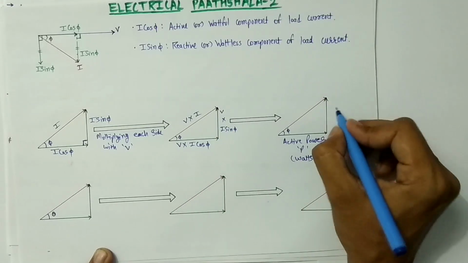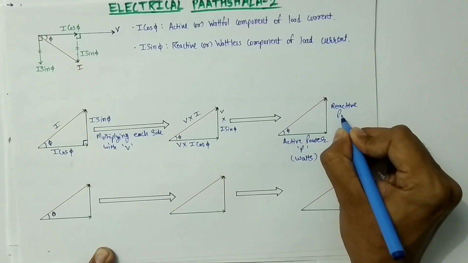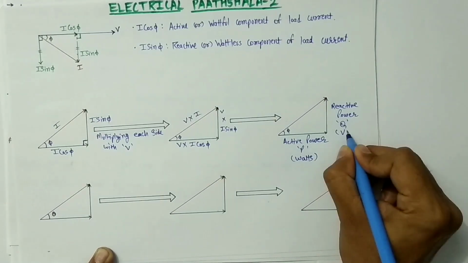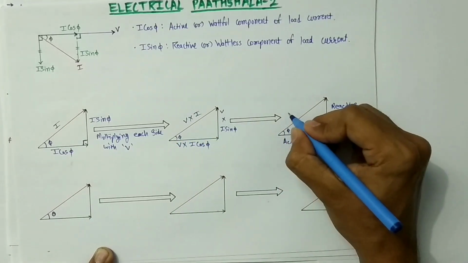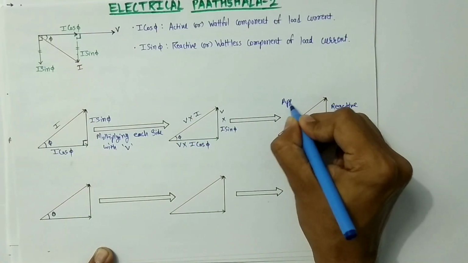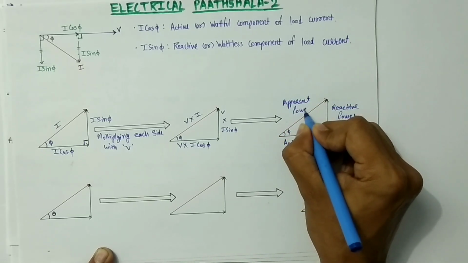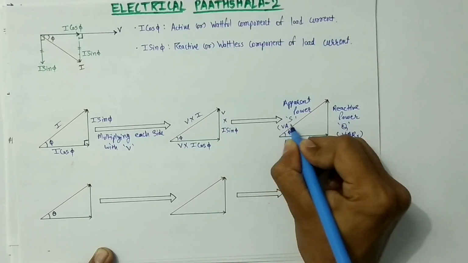This VI sin phi will become our reactive power, which is denoted by Q and measured in vars. And this V into I is our apparent power, which is denoted by S and measured in volt ampere.